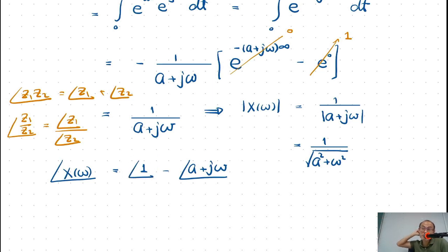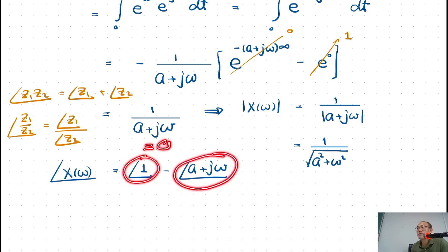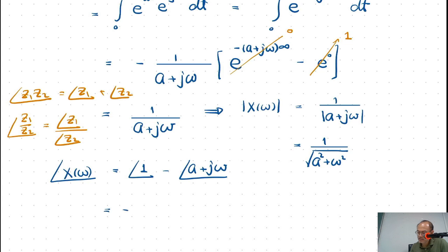Because it is a positive real number. A positive real number has a phase of 0. So this guy is 0. Okay, and what about this guy, the phase of a plus j omega? It is an arctangent of omega over a. So you got equal to minus arctangent of omega over a.